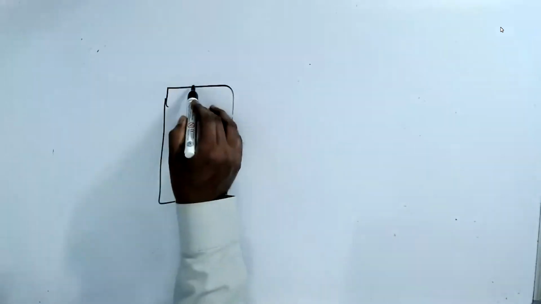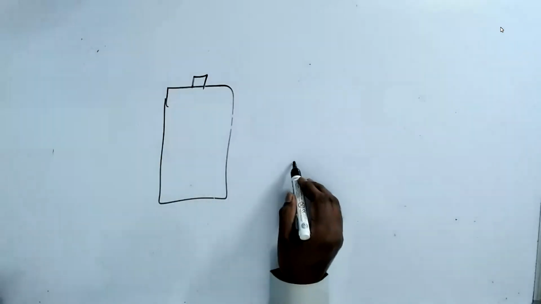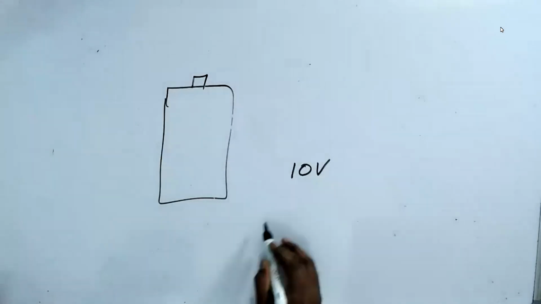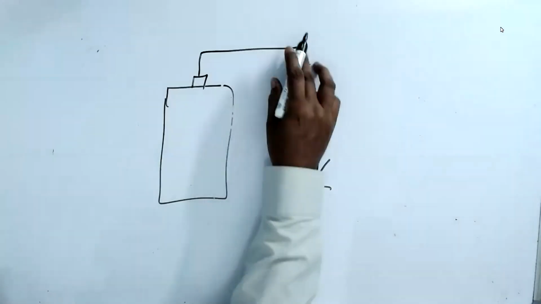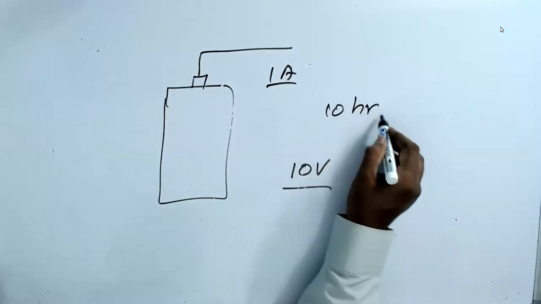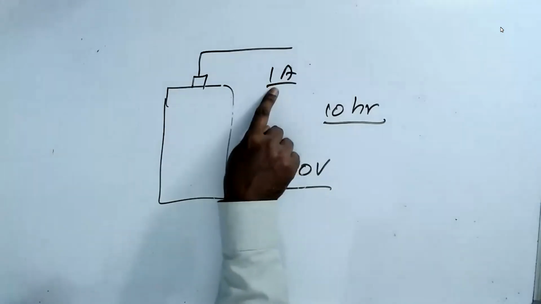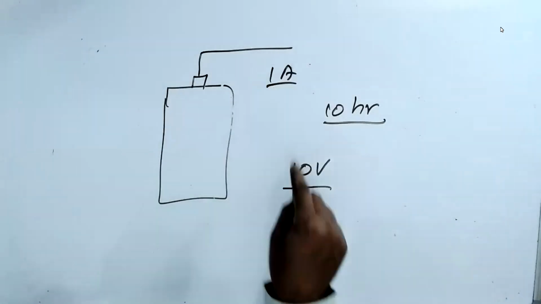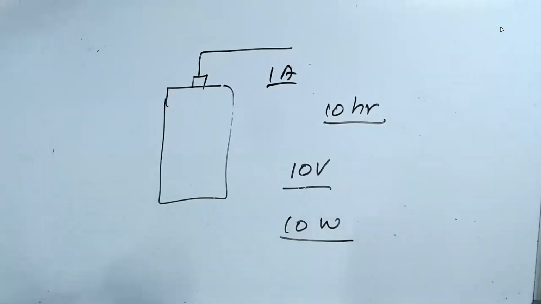A battery, today they both are the same. See, instead of giving a 10 volts battery, let us assume I give you 1 ampere for 10 hours. Then I have how much? 1 ampere per second, then 10 watts per second.